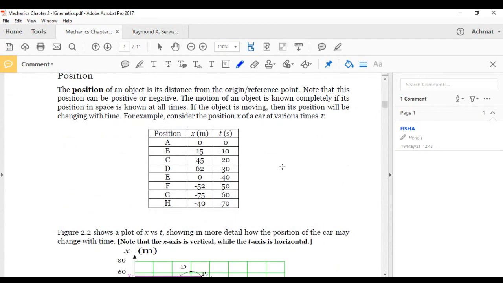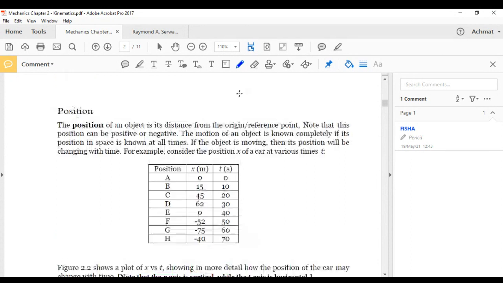Now here, let's start talking about position. If I were to look at this thing here, let's say you have that straight line again that we spoke about earlier. They say the position of an object is its distance from the reference point or from the origin. Right.